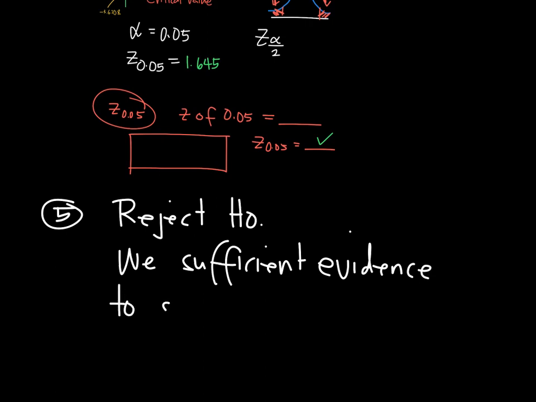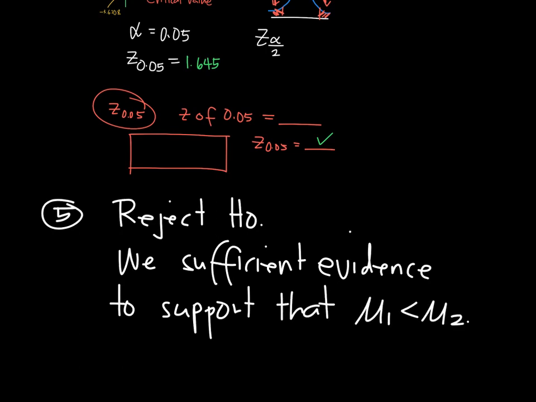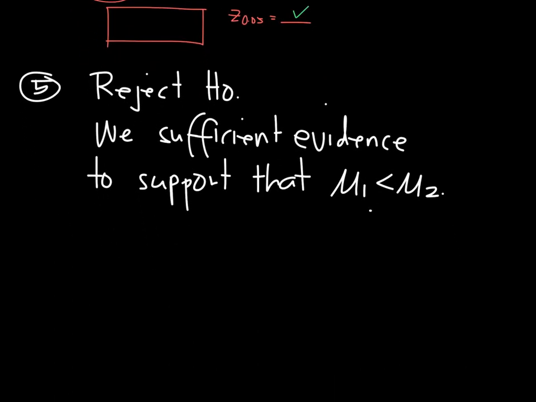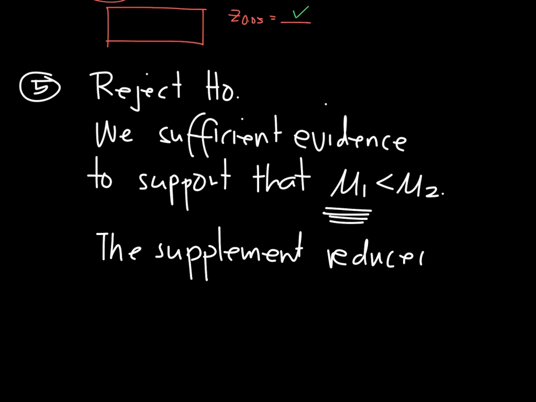We have sufficient evidence to support our H1, that mu1 is actually less than mu2. This is the average time of the people who recover from common cold taking the supplement, so it's smaller, so it's faster. That means the taking of the supplement reduces the recovery time.